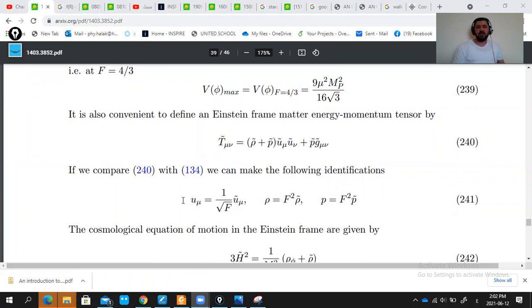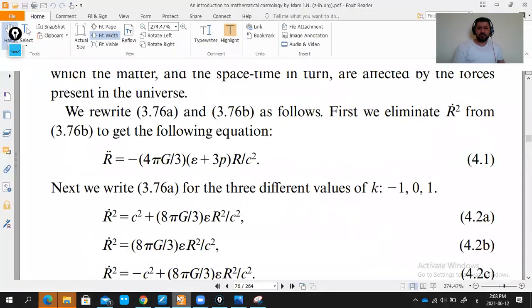So if you want to convert from the Jordan frame to the Einstein frame, there will be omega, and omega is the square root of F. And for rho that will be like this, and P will be like this. Now rho is given by this, and P is given by this.